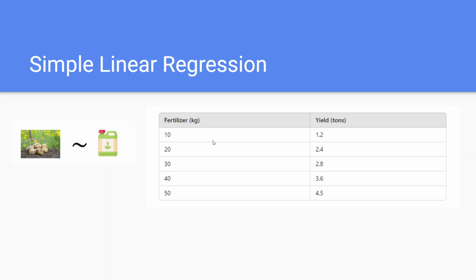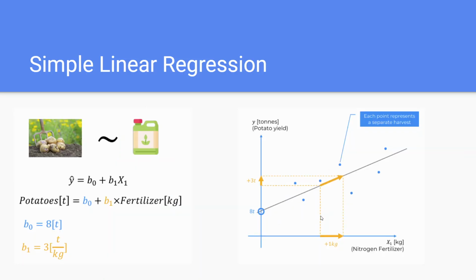So now we can plot the data points on a scatter plot to visualize the relationship between the fertilizer amount and the potato yield. Here the potato yield is measured in tons and the fertilizer amount is measured in kilograms.